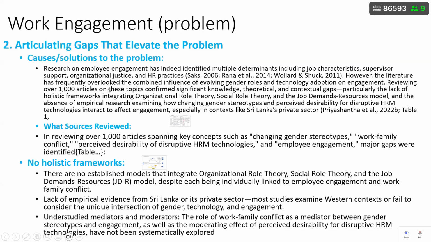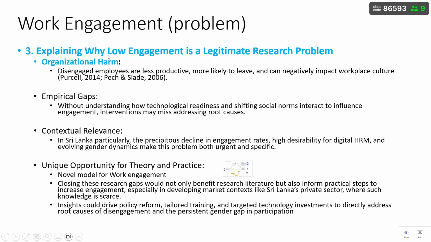And the third most important thing is explaining why engagement is a legitimate research problem, right? As noted earlier, you can simply say that low engagement creates organizational problems, right? Disengaged employees are less productive, more likely to leave, and can negatively impact workplace culture.